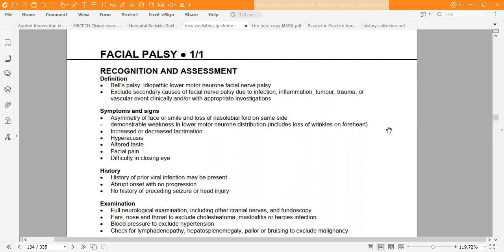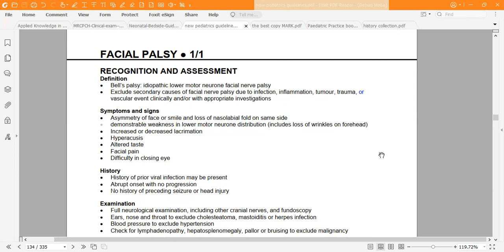You will face a patient with facial palsy in your daily practice. So let's start together reading that. How can you recognize a facial palsy? By definition, we have Bell's palsy, which is idiopathic lower motor neuron facial nerve palsy. So it's just idiopathic, there's no reason for that.